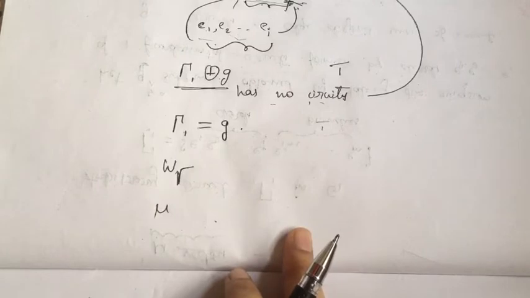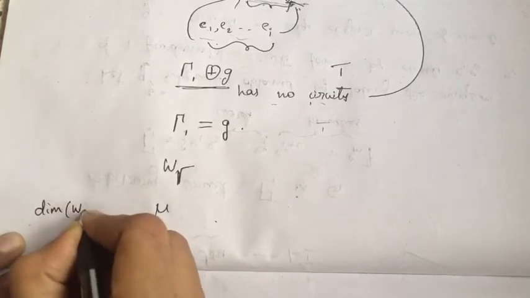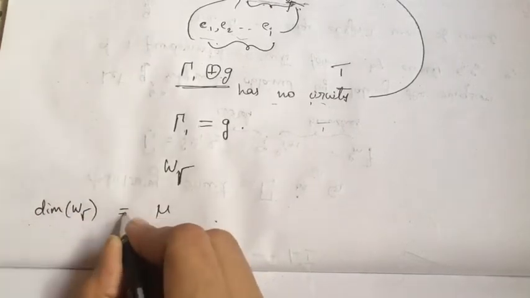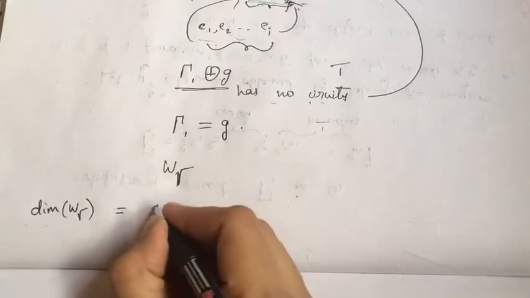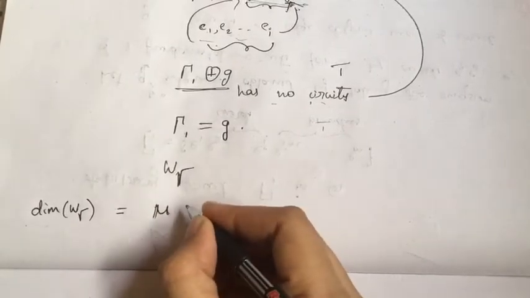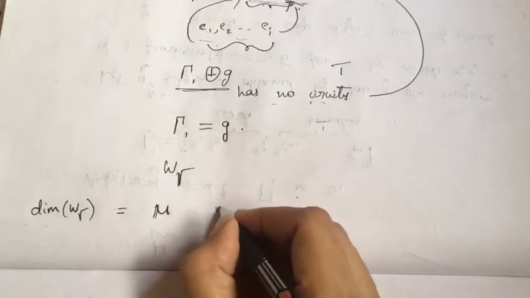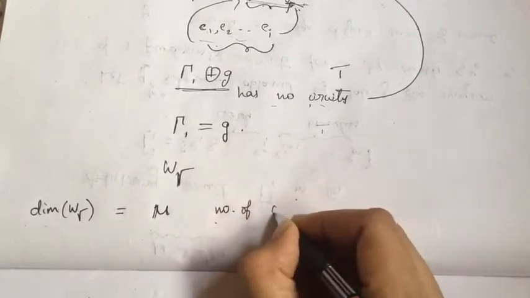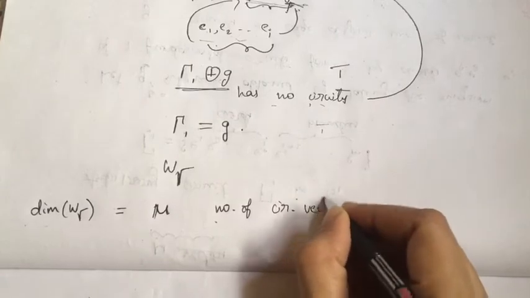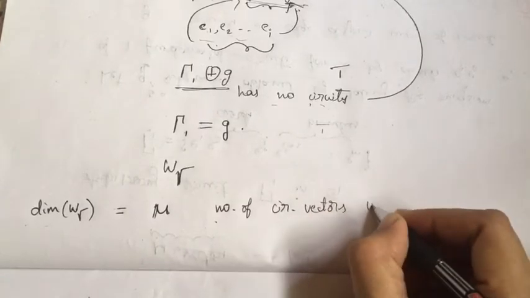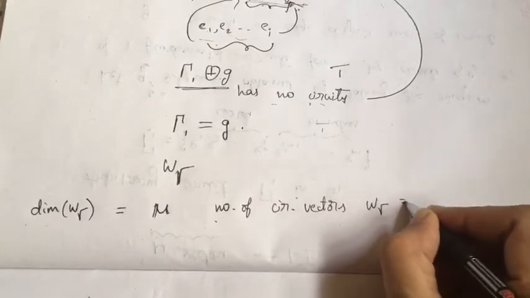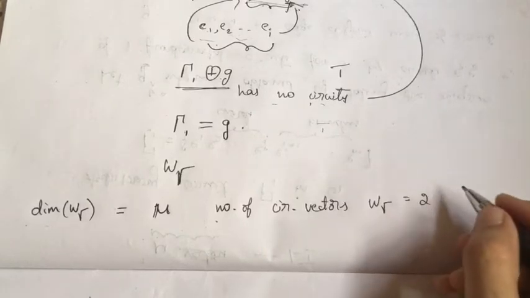Corollary to this theorem is the dimension of a circuit subspace. The dimension of the circuit subspace is equal to the nullity of a graph, that is mu, and the number of circuit vectors in W gamma is equal to 2 to the power mu.